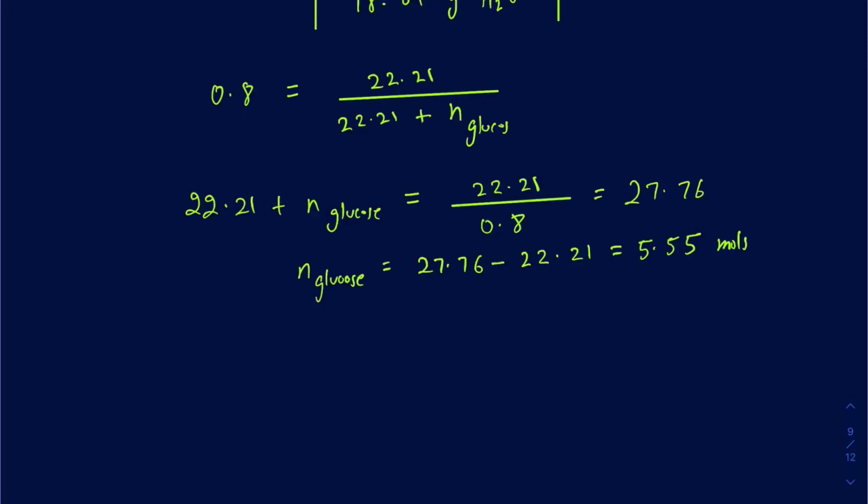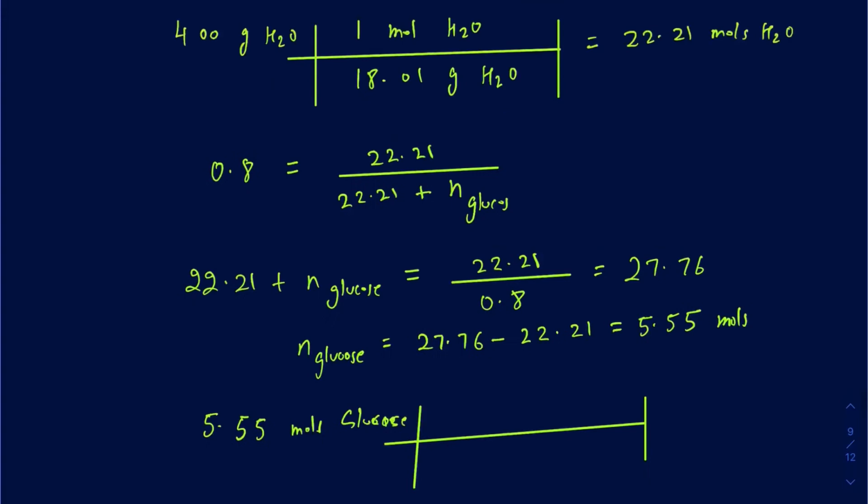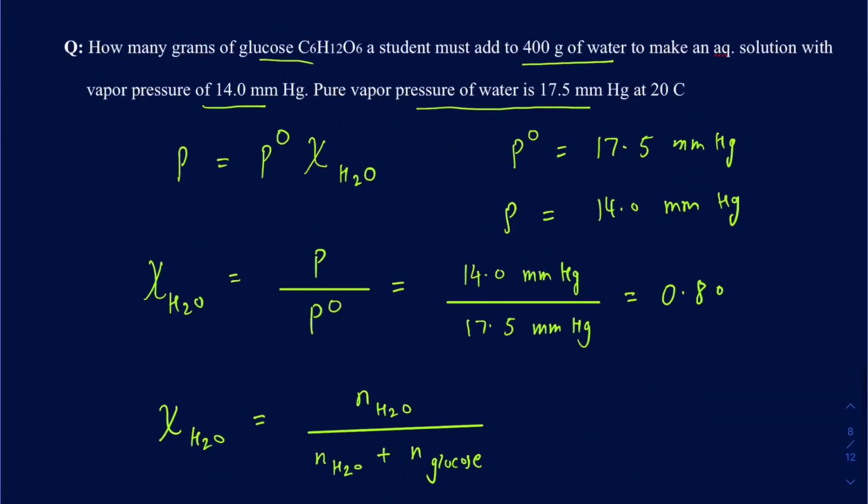So we're starting out with 5.55 moles of glucose. And then what's the molar mass of glucose? Well, if you're not provided the molar mass of glucose, you know the formula, which is C6H12O6.